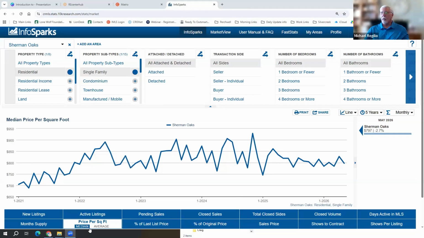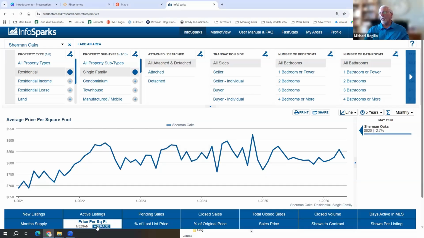Then when I look at the competition within the area, if the competition has a median at 797 and 820, that gives me a gauge that it's possible we might be on the high side and that we're going to need some specific advantages over the other properties. It doesn't give me an actual price for a property, but it does tell me whether I'm in the right ballpark.